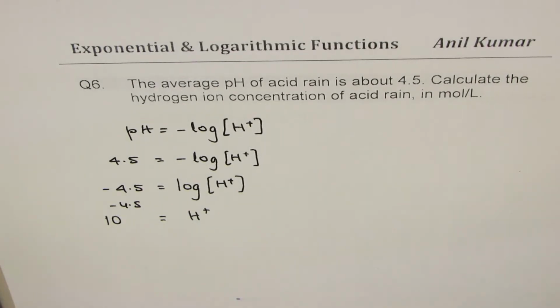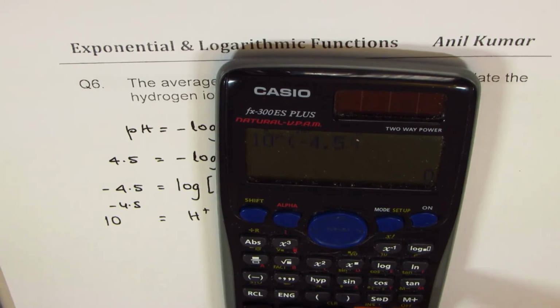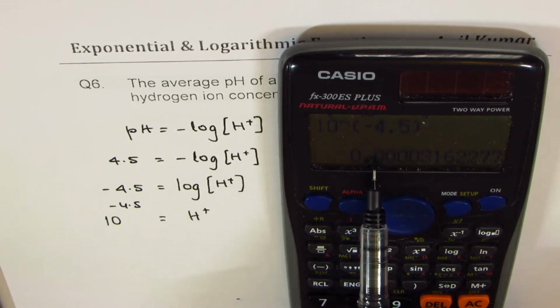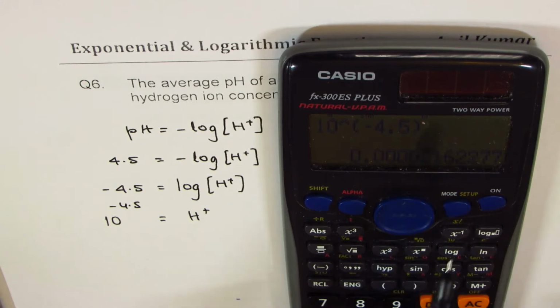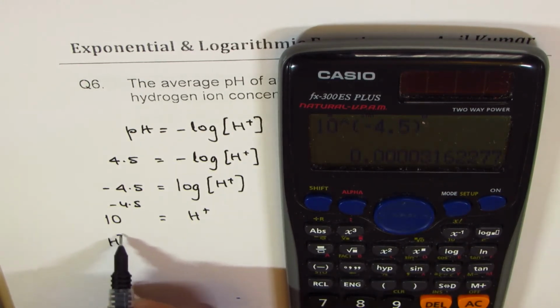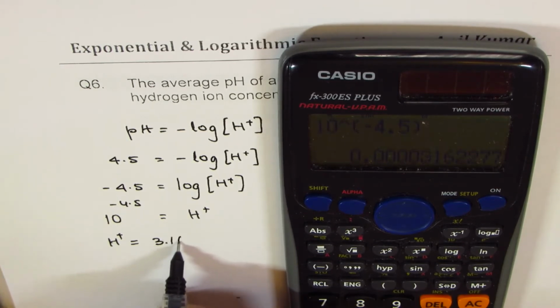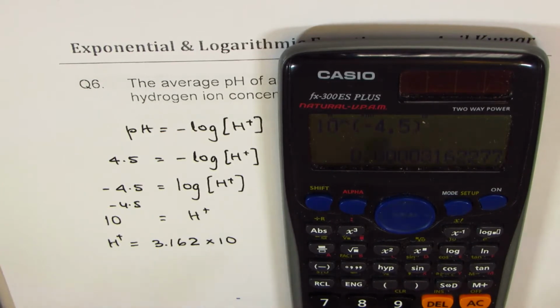Let's use the calculator. We will say 10 to the power of minus 4.5 is equal to 3. So what we get here is 1, 2, 3, 4, you can say 5 zeros, right? So we can say hydrogen ion concentration equals 3.162 times 10 to the power of.